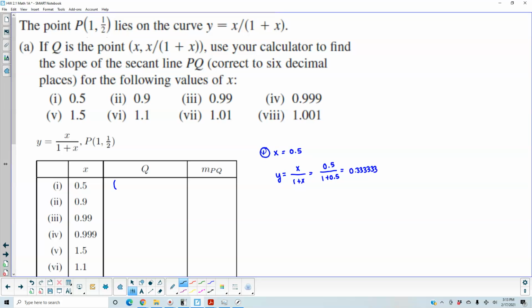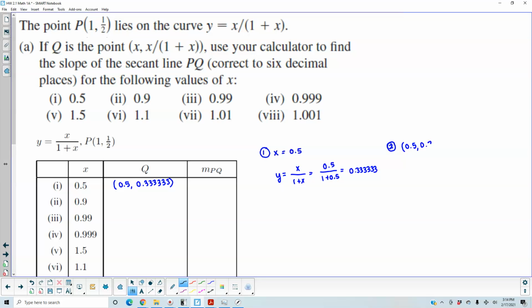So our first ordered pair is 0.5 and 0.333333.